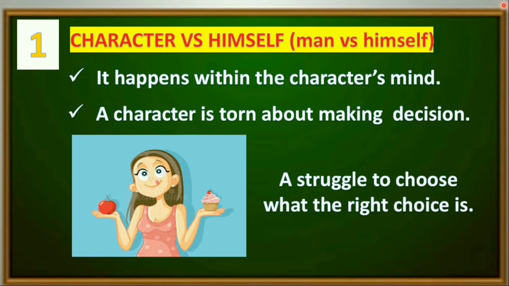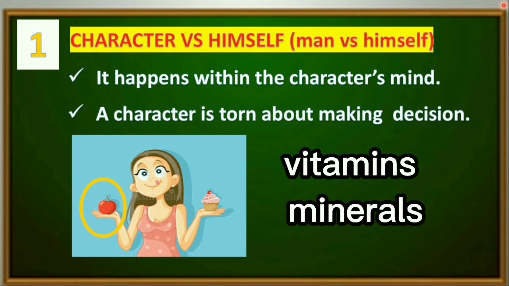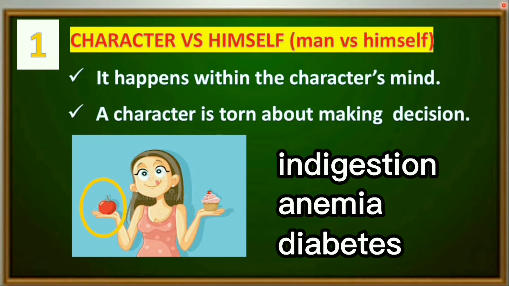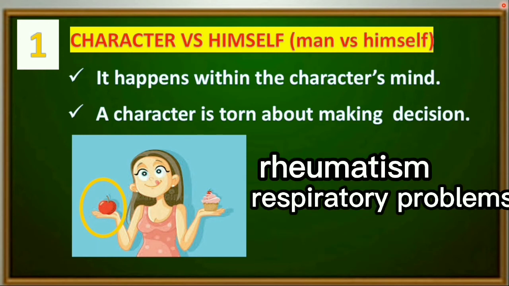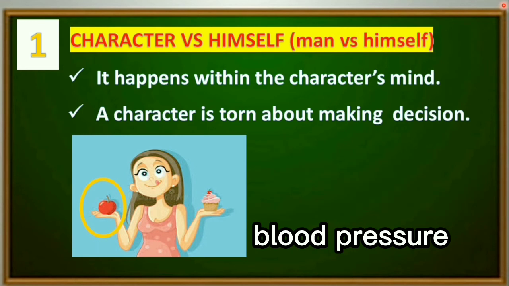In the picture given, is the girl going to eat the apple or is she going to eat the ice cream? If she chooses the apple, she may get the vitamins and the minerals essential for treating indigestion, anemia, diabetes, rheumatism, respiratory problems, pressure on blood vessels, and even cancer.